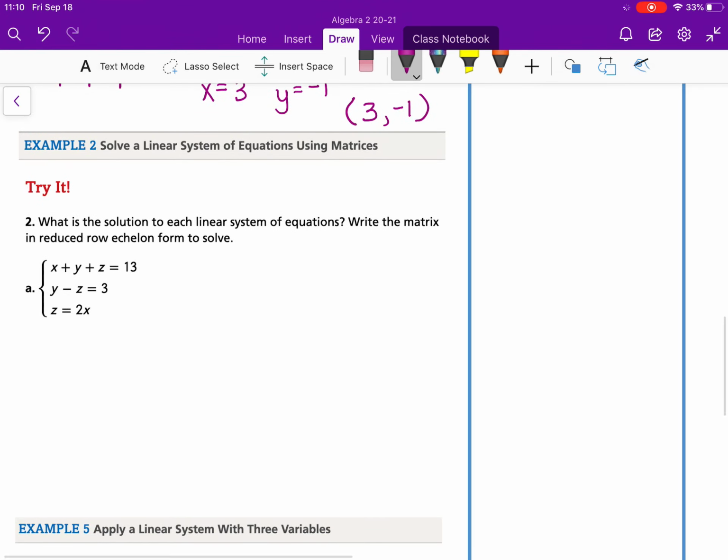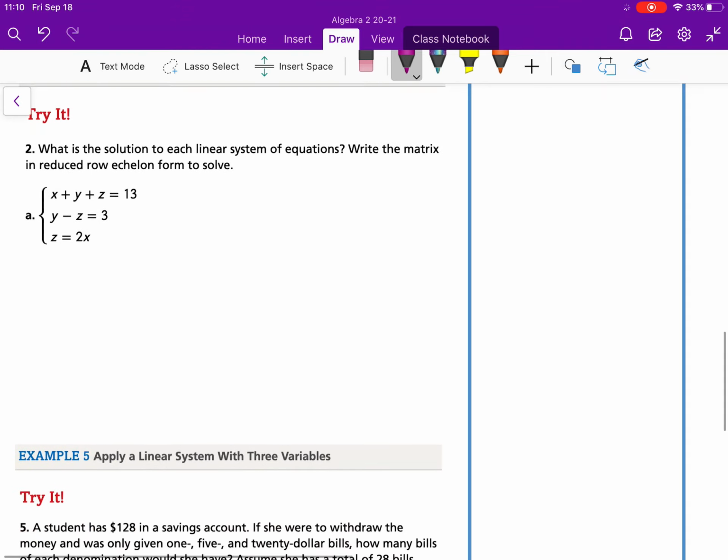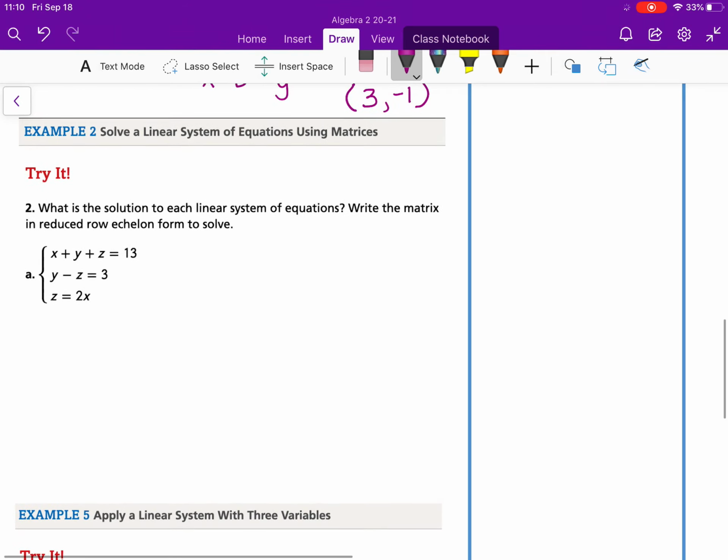So the next problem is just like it. So I'm actually going to keep it in the same video so that we can do this together. But you will notice, if I think about this being X, Y, Z, and the constant, my first row is fine.